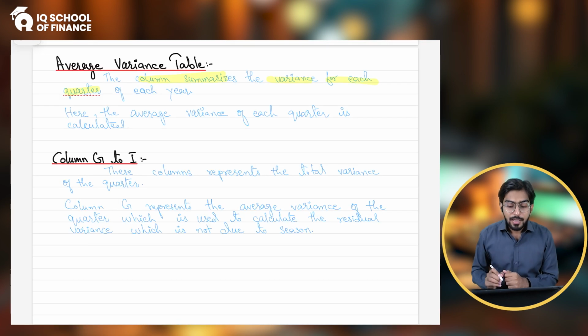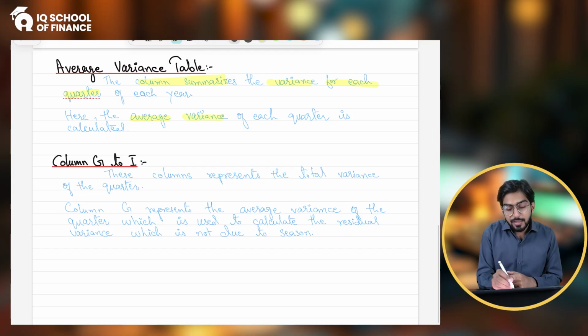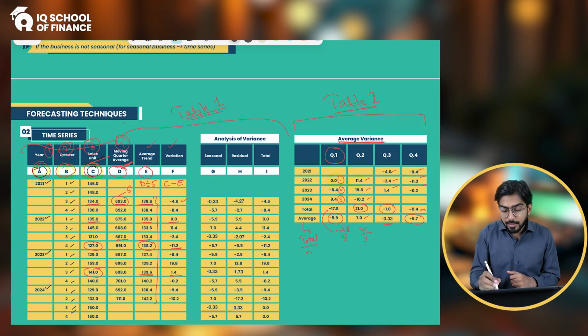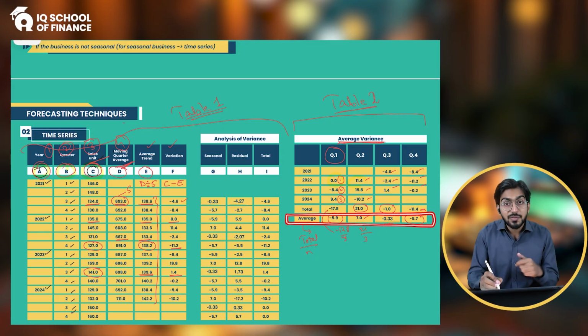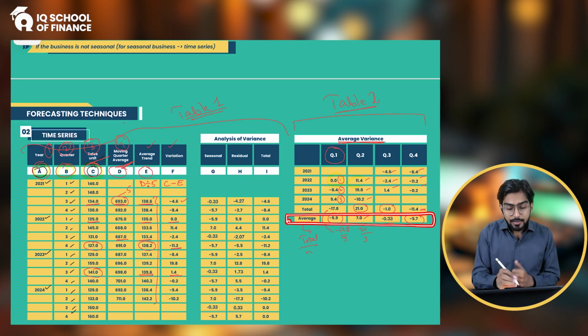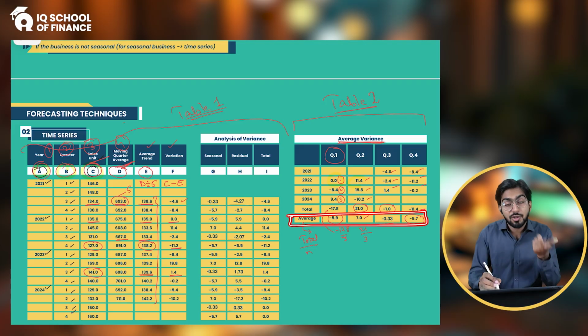Next, the average variance of each quarter is also calculated. This average which you have calculated is for each quarter. This is again the average of the variation.